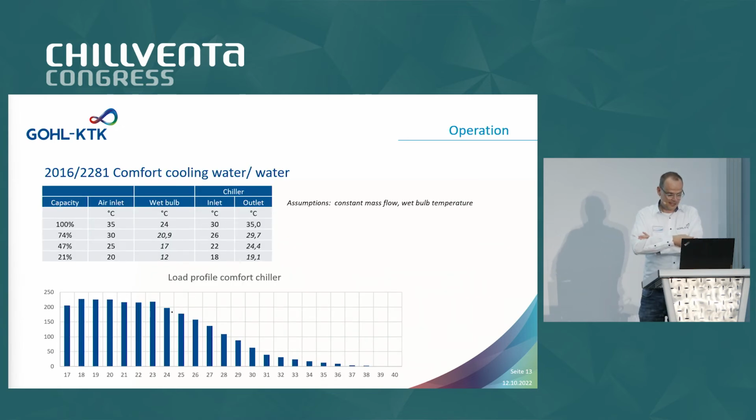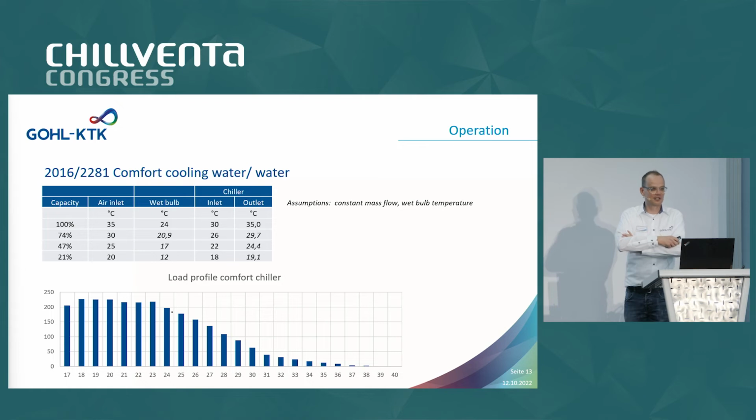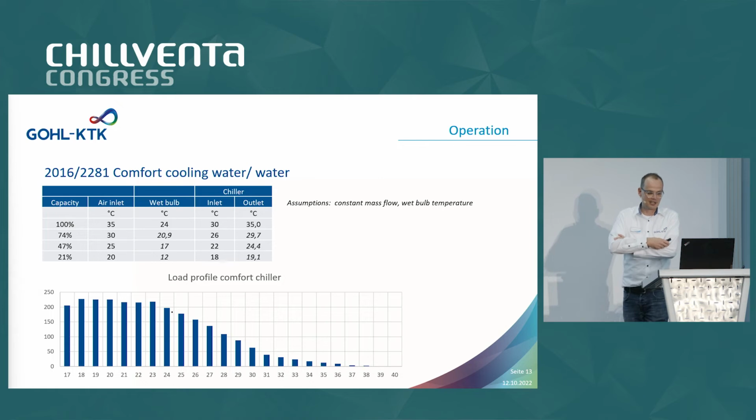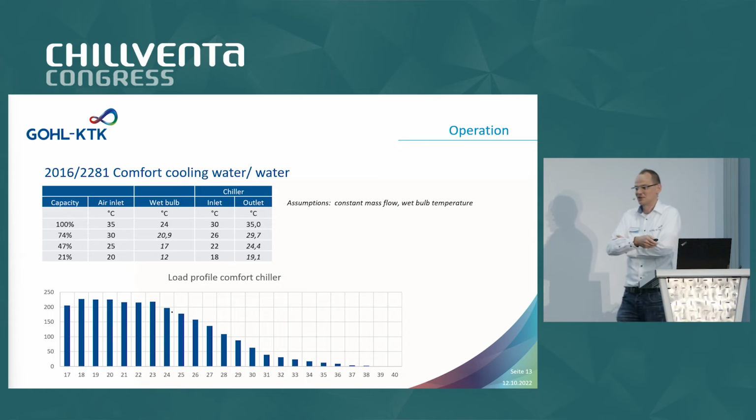So to have an overview about the whole year, or a load profile, I had to look for something where I could find a load profile of how the cooling tower or the adiabatic cooler can work. So I had a look at different directives, and then I found one which was very nice.